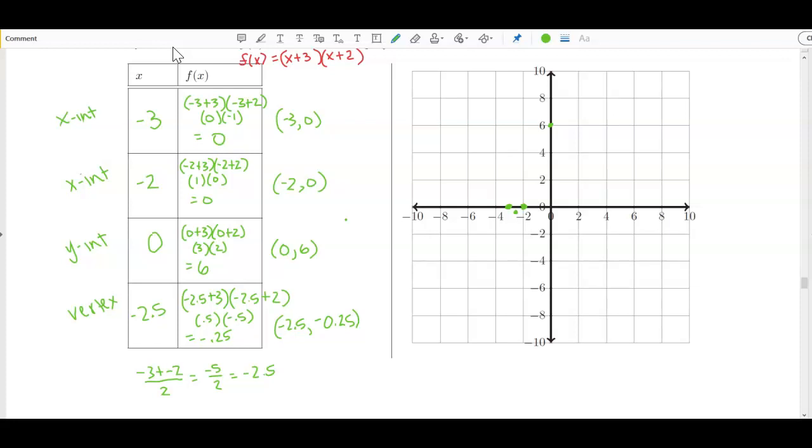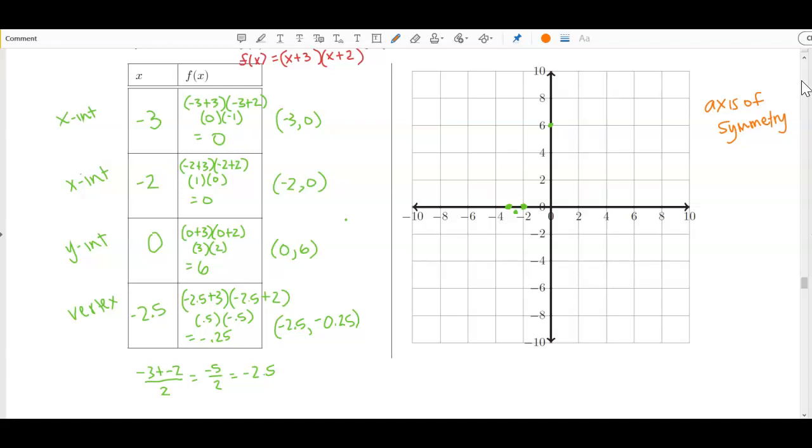And then the other thing that we talked about a little bit before was the axis of symmetry. With any parabola, these parabolas are always symmetric, meaning if you were to fold them over on the line of symmetry, they would land on top of each other.